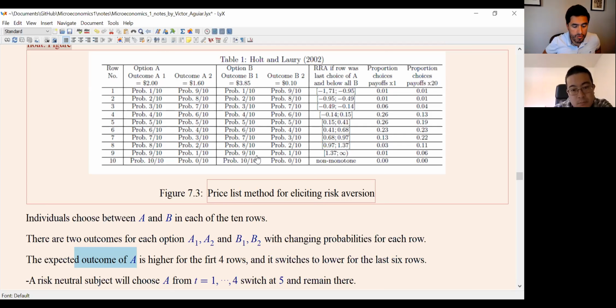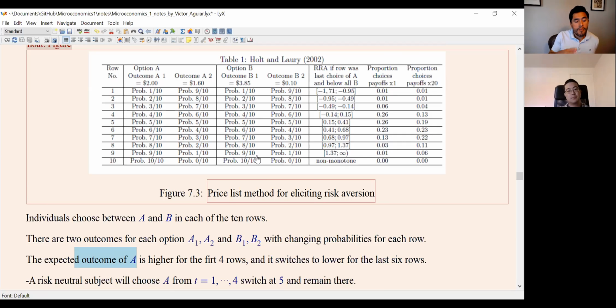They really like to take risk. So in this way, we can rank people as more or less risk averse. If you switch at 4, you're risk neutral. If you switch way before that, you're very risk averse. And if you switch way after that, you're a risk lover.